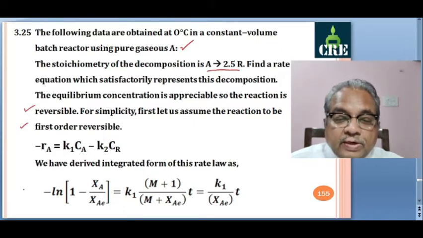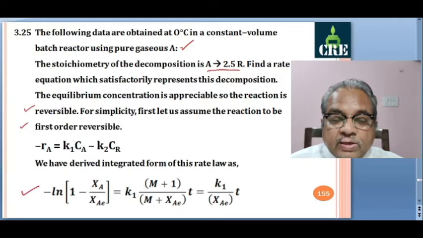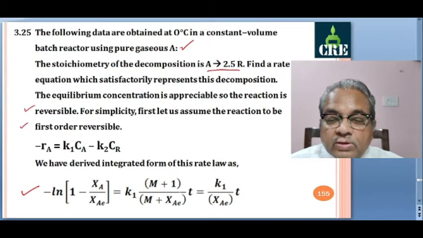So we know the integrated form, this we already derived: minus ln of (1 minus XA by XAE) is equal to k1 into (M plus 1) divided by (M plus XAE) into t.